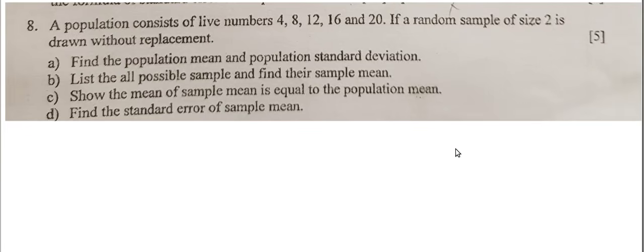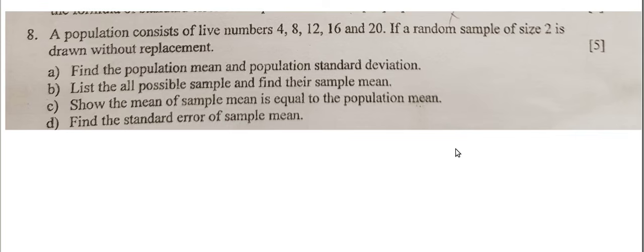Now let's jump to the next question. This question is very important. It has been repeated many times, and it's a wonderful example. What they do is they give a very small population. It's a shame to call this a population because normally in experiments the population will be so much larger.